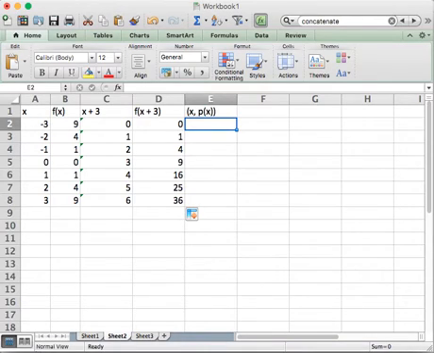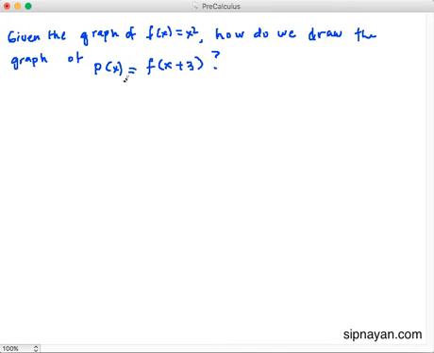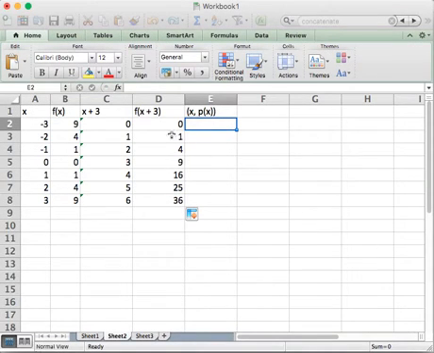Ngayon, kukunin na natin yung coordinates ng point na x, p of x. Ano nga ulit yung p of x from the previous page? Ang p of x natin ay f of x plus 3. So ito yung x natin, ito yung ating p of x. X, y, x, y. So first, we have negative 3, 0.